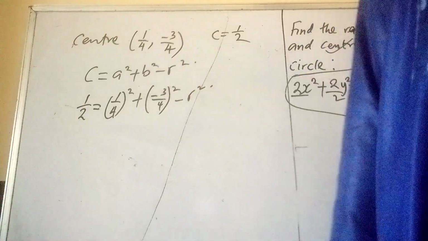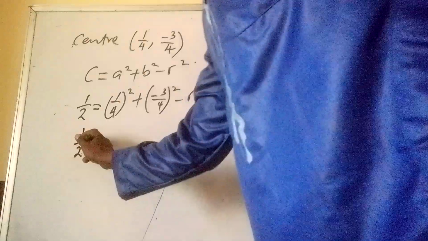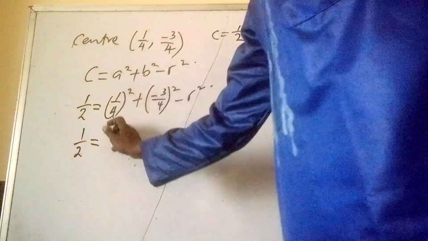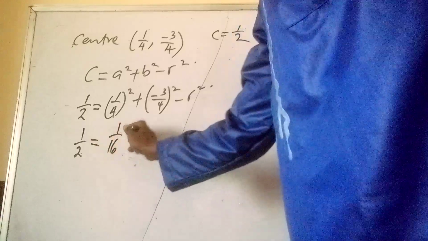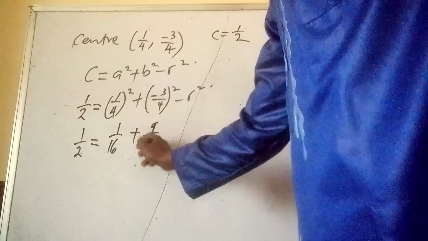So let's do our simple arithmetic. 1 over 2 is equal to the square of this, which gives 1 over 16, plus the square of this, which gives positive 9 over 16.